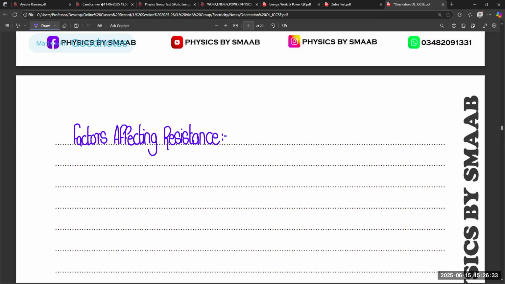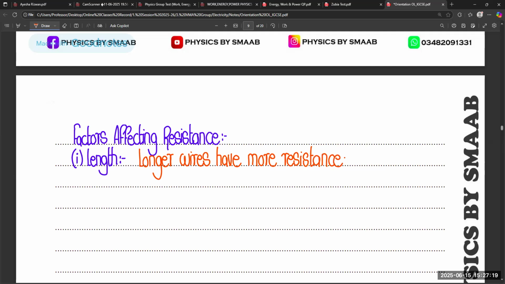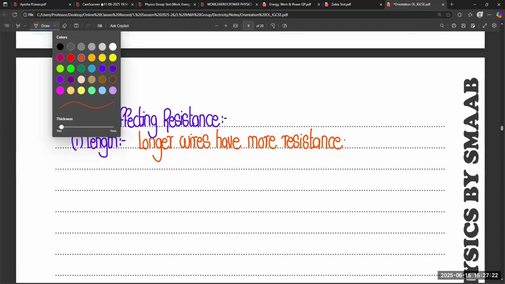So if we talk about the factors, the first factor is length. Length means if we have long wires, longer wires have more resistance.